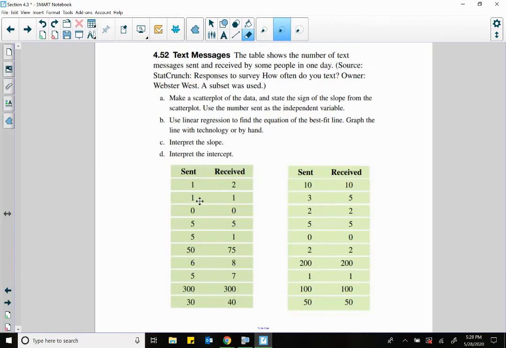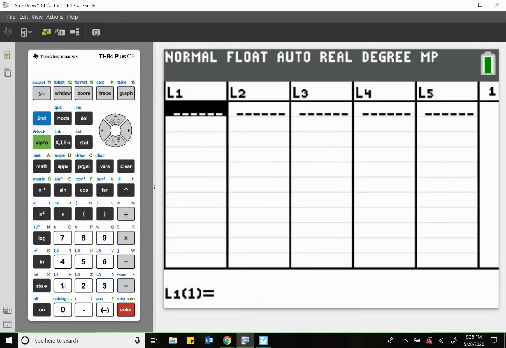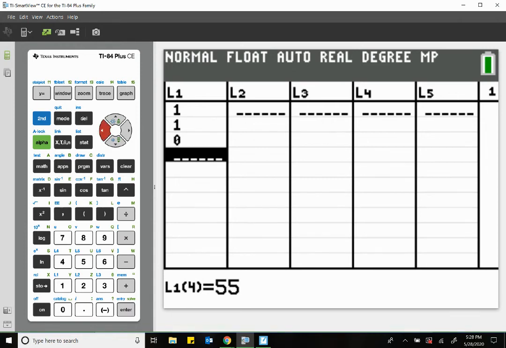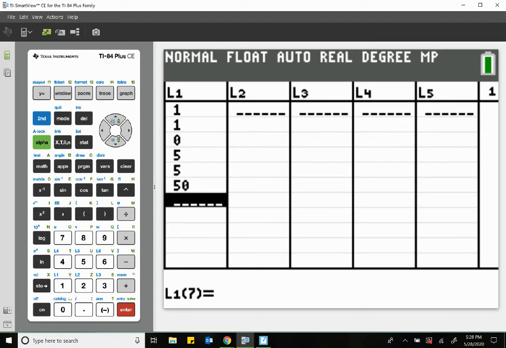So we got 1, 1. How many did it say we have? Oh, it didn't. So let's count this up. 1, 2, 3, 4, 5, 6, 7, 8, 9, 10. So we got 20 total. Okay, that's what I figured it was. So 1, 1, 0, 5, 5, and then I remember the next one was 50.